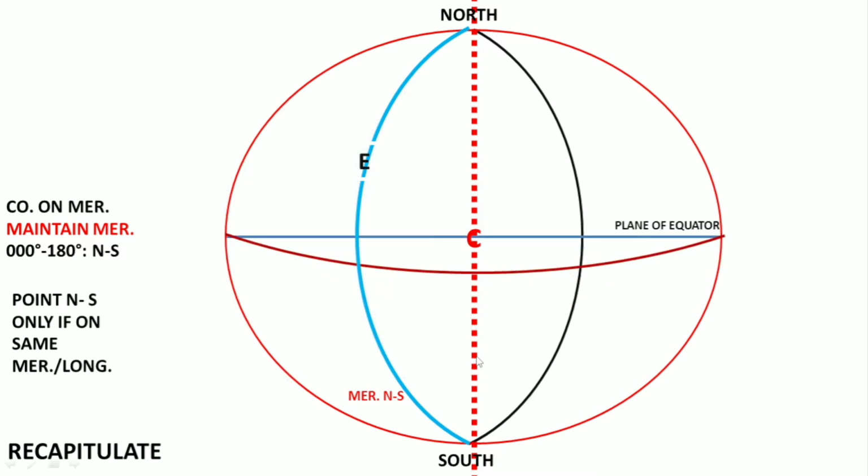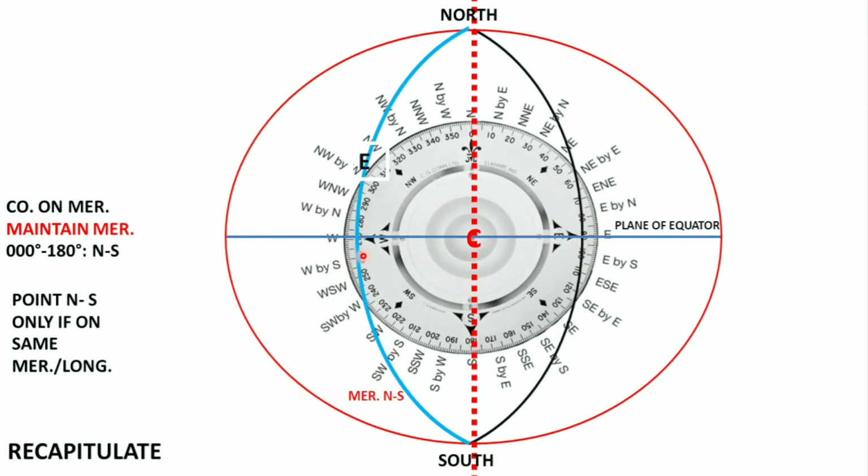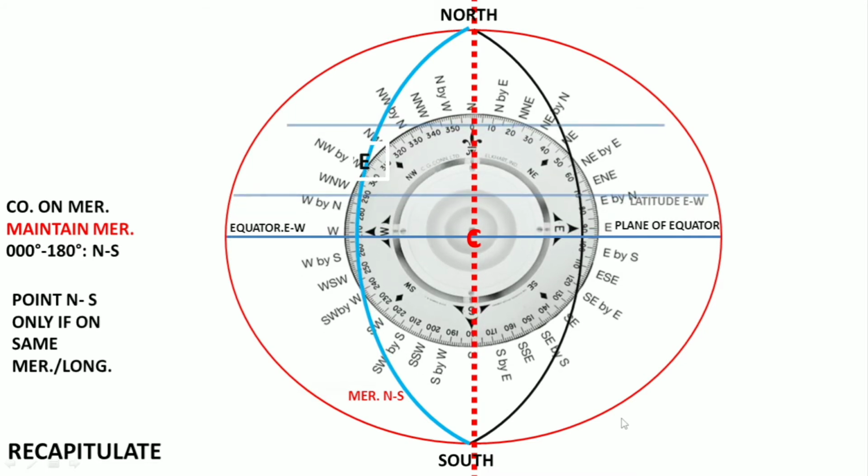We talked about the equator. Its plane is 90 degrees to the axis, and 90 degrees to the axis is east and west. So the equator should be running east and west. The equator runs east and west, and all the small circles, all the parallels of latitude, are parallel to the equator, so they would also be running east and west.